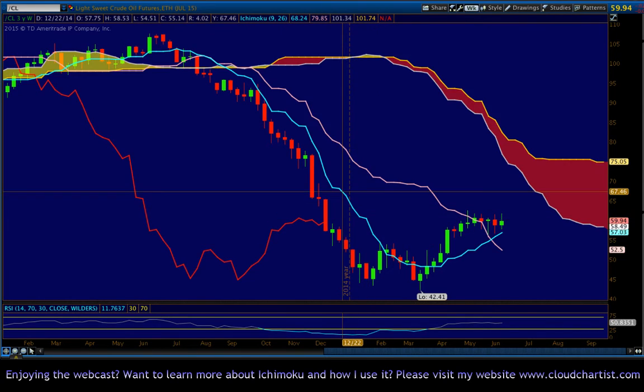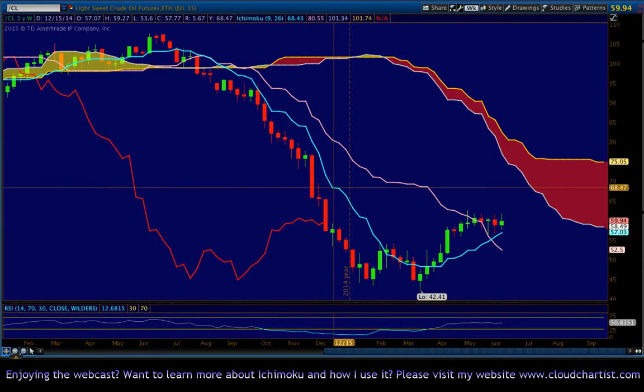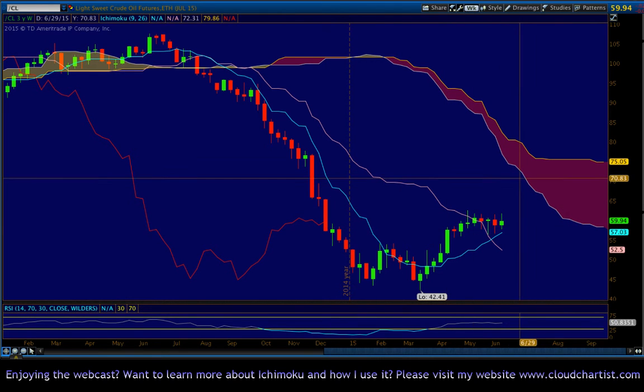And the resistance will be in different areas for different weeks. Like this week, if the Tenkan-sen breaks through this cloud, resistance is going to be up here at 68.47. So if you're following me, which I hope you are, you'll see that there's nothing over here to tell you that there's resistance.